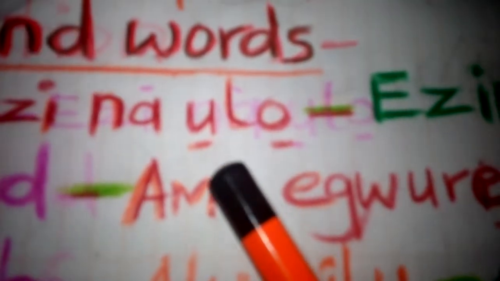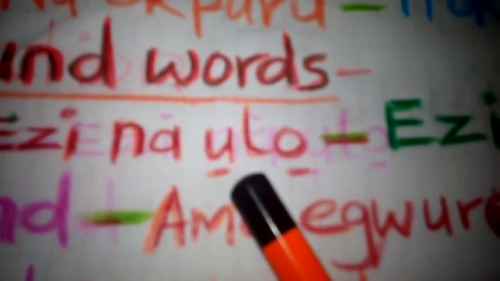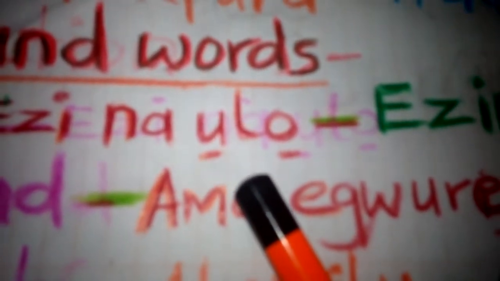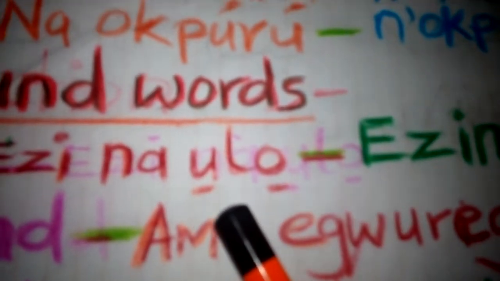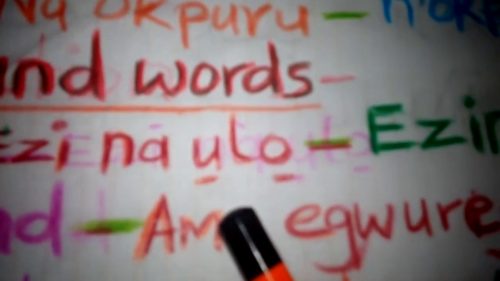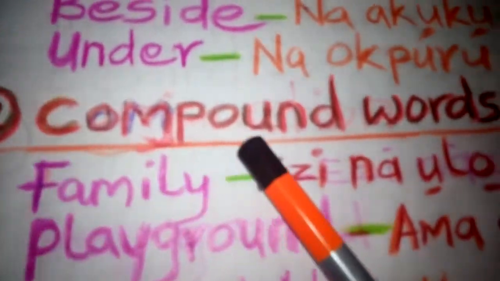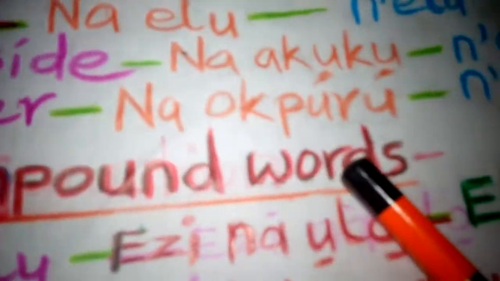So you drop the first one. Remember, we say you drop the first one. So when you drop, it becomes amegwuregwu. You remove this a, it becomes amegwuregwu. Okay, so this is how to drop a vowel when it comes to compound words.